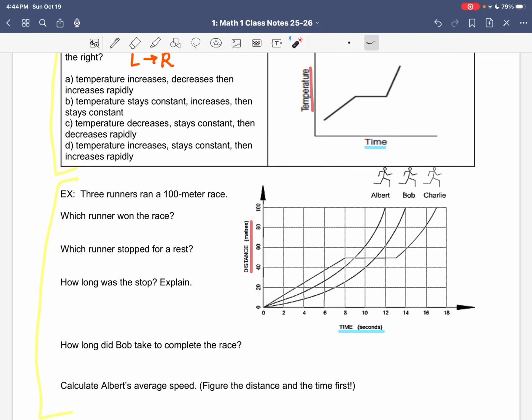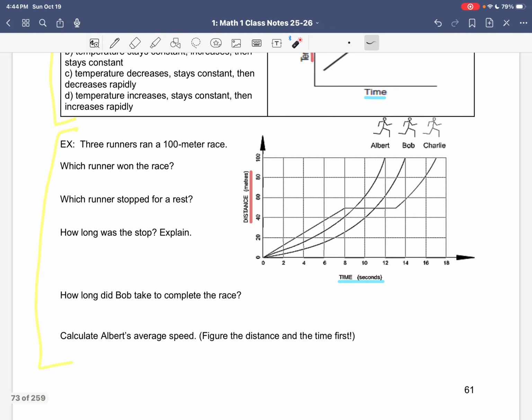And then for this last one, it says 3 runners ran a 100-meter race. So we want to know which runner won the race. So look at your X values. Look at what's happening with your Y value. Which runner stopped for a rest? So here's a hint.